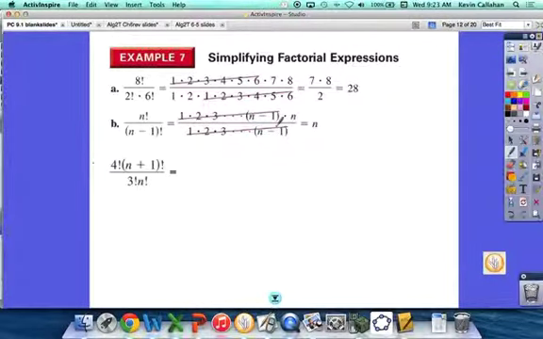The same thing in the numerator, if it's n plus 1 factorial over n factorial, right? N plus 1 factorial would be n plus 1 times n factorial. The n factorial will take care of everything from n down to 1, and then divide that by the n factorial.